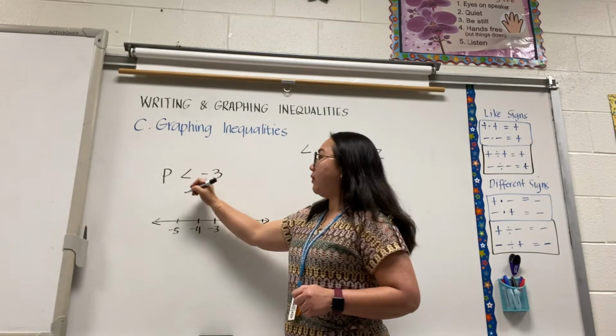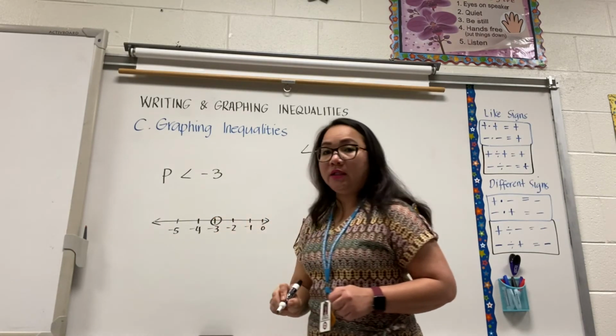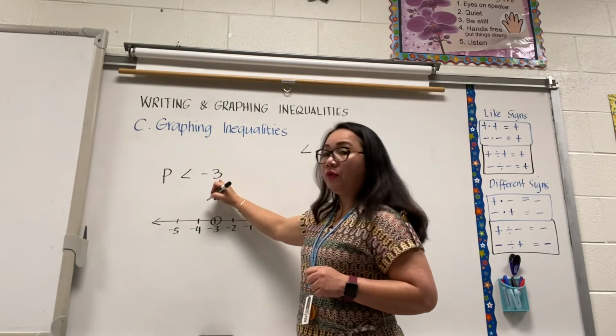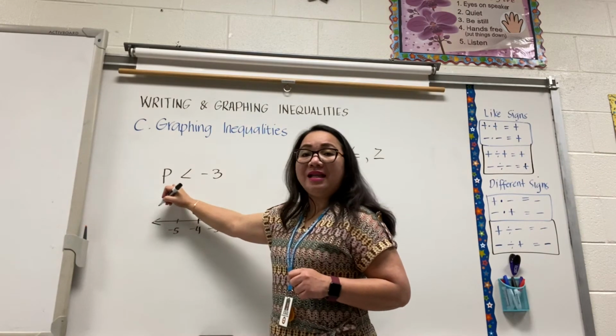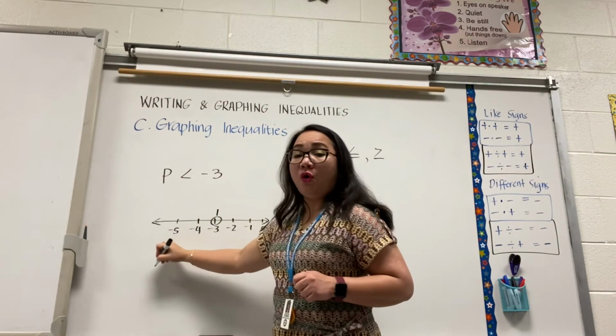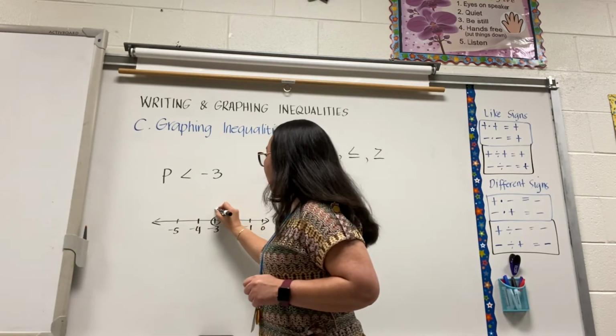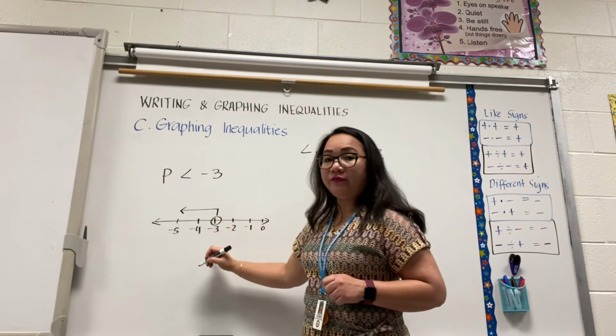Then we will graph. So -3 in the middle, draw an open circle, which means -3 is not included. And then since P is less than, that means all numbers to the left of -3 because it is less than. So this is how your graph looks like.